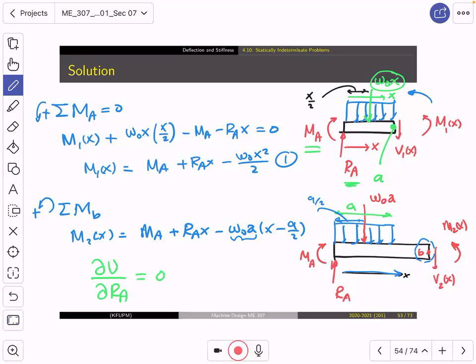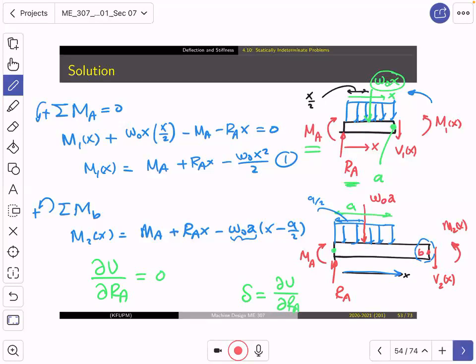Why? We are used to the equation delta equals del U over del R something, right? But at A over here, the deflection is 0. Right or not? It is fixed, it doesn't move. Are you with me?